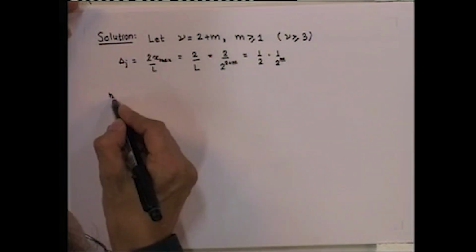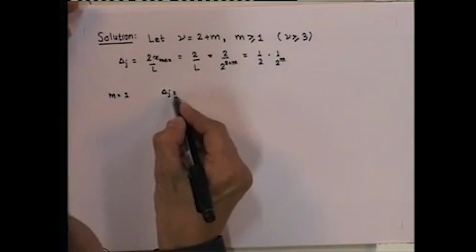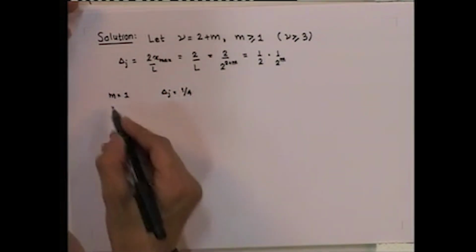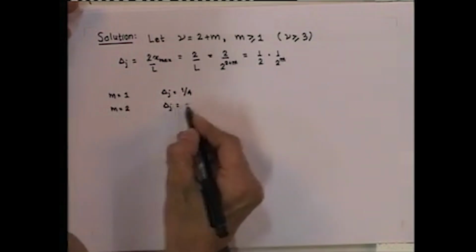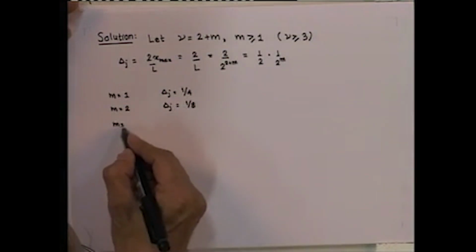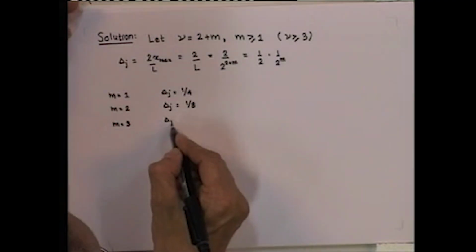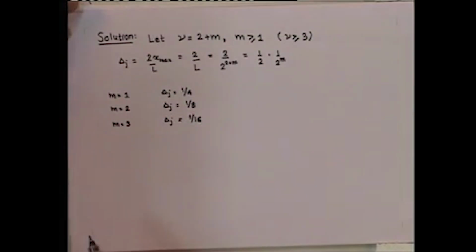So, for m equal to 1, delta j is equal to 1/4. For m equal to 2, delta j is equal to 1/8, and for m equal to 3, delta j is equal to 1 by 16.